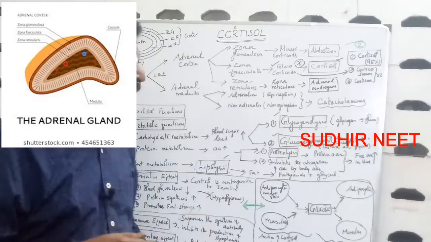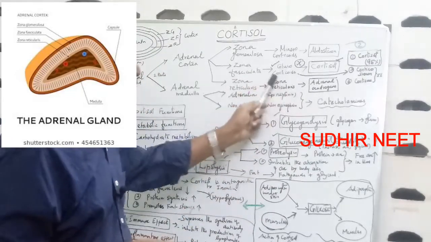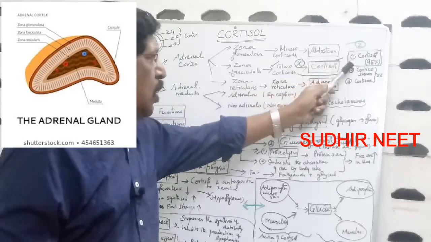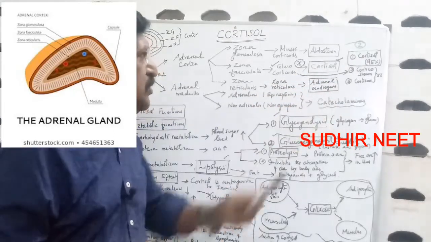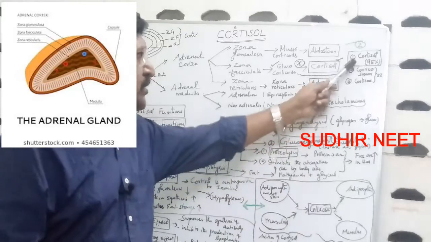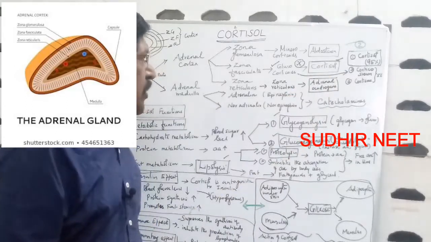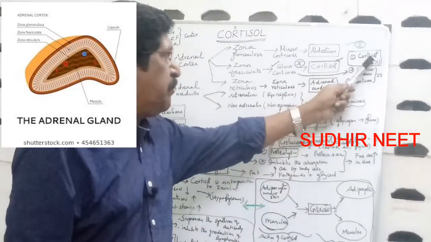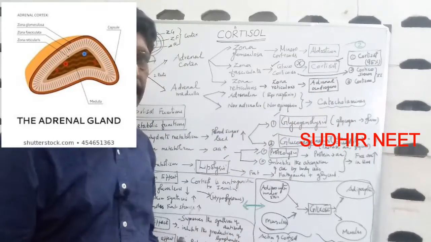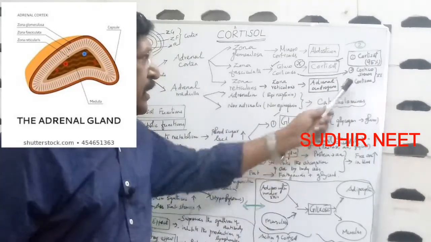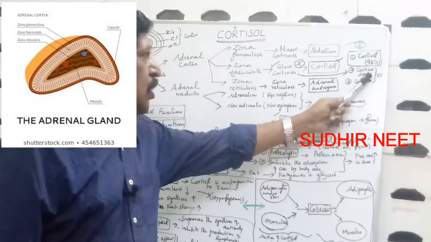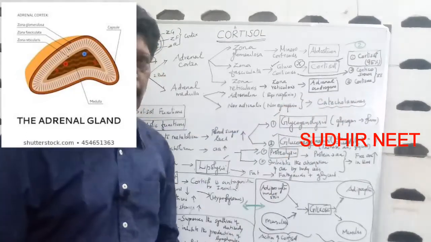There are three types of glucocorticoids: cortisol, corticosterone and cortisone, out of which cortisol is an important glucocorticoid comprising 95% of the glucocorticoid, and the remaining 5% constitutes corticosterone and cortisone.